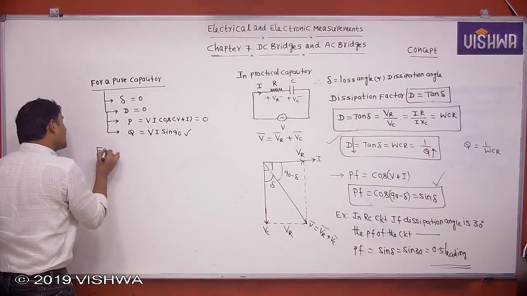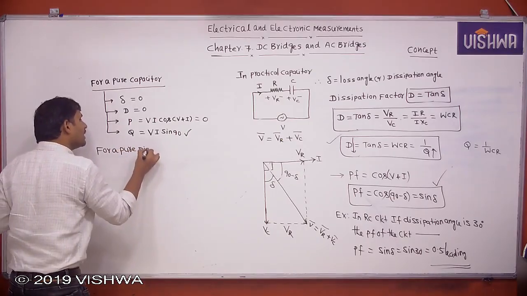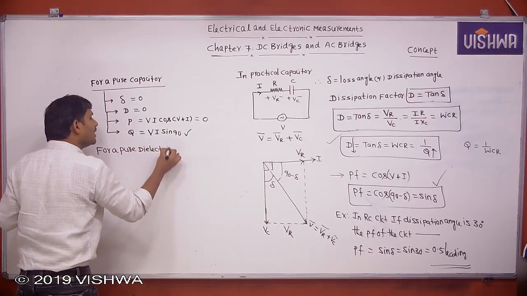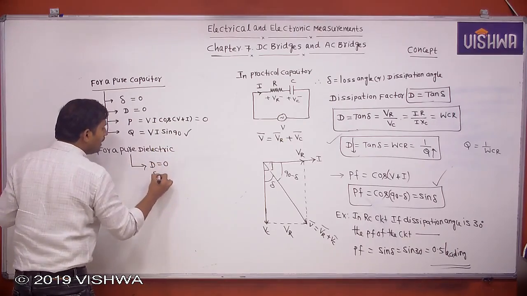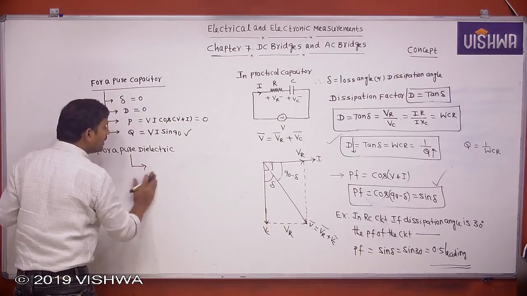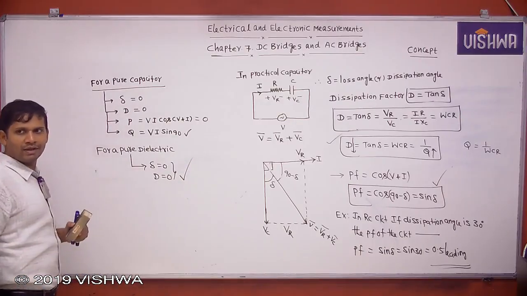One more point to remember. For a pure capacitor, for a pure dielectric material, D equal to 0 and delta equal to 0. Remember these points for a pure dielectric material.